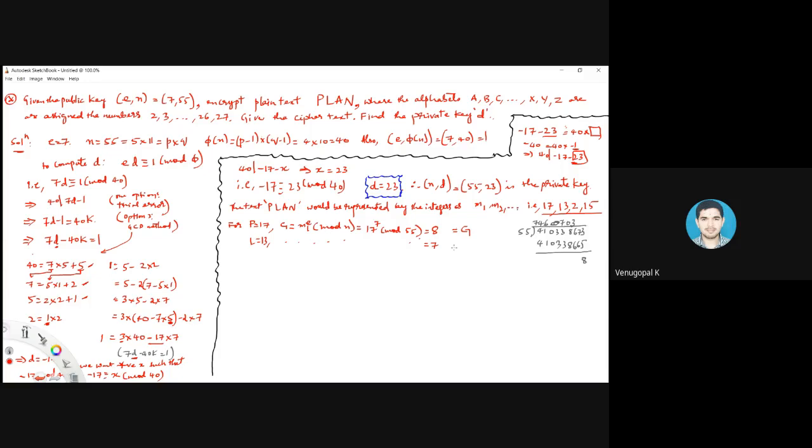So that will be the letter F, because the sixth letter is F and it will have the number 7. Similarly, we have the next letter A, which is equal to 2. When we perform this step, we end up with the number 18. And 18 means we should take the 17th alphabet.